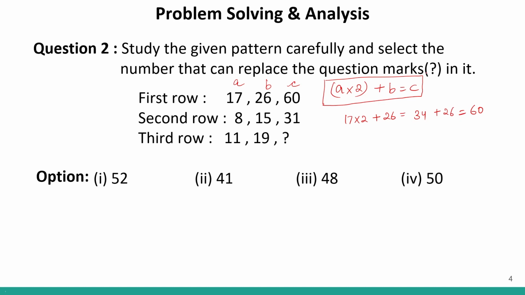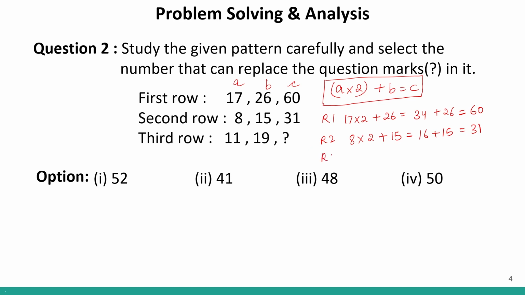Correct? Short way: 30 plus 20, plus 6 plus 4 is 10. So 60. Now this was for row 1. For row 2, let us check. For row 2, 8 into 2 plus 15 should give me 31. So 8 into 2 is what? 16 plus 15 will be how much? 31. So row 1 is correct. Row 2 is also correct. So similarly, we'll find for row 3.